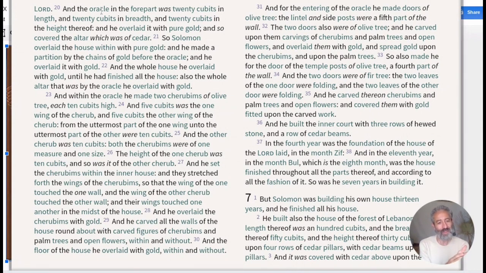One wing is touching the wall on one cherub, the other wing is touching the wall on the other cherub, and then their wings touch each other as they're extended, right? And the wings touch one another in the midst of the house, and he overlaid the cherubims with gold, and he carved the walls of the house round about, carved figures of cherubim, palm trees, and open flowers. So what? Cherubim, palm trees, just like we see in Ezekiel.